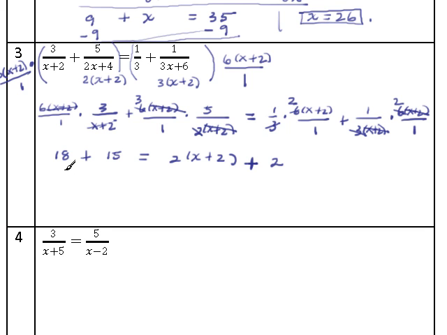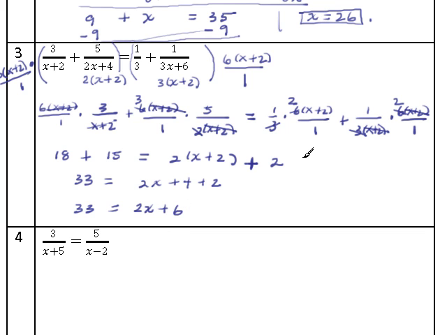Here we have 18 and 15, so that's 33. And let's multiply through. Here we have 2x plus 4 plus 2. So that's 33 is equal to 2x plus 6.